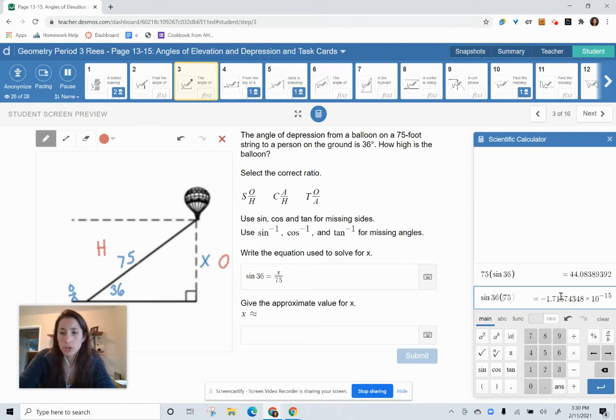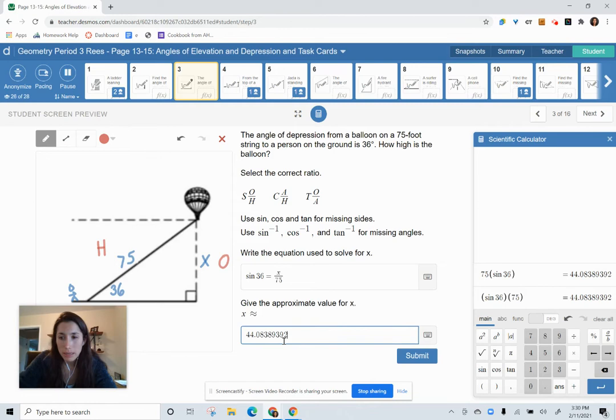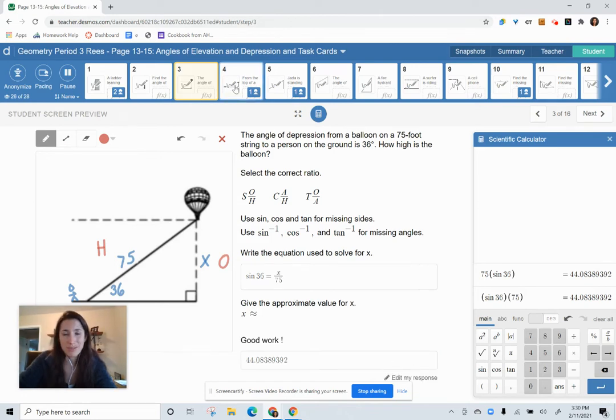So you need to make sure that if you do the sine first, that you're putting it in parentheses. So you want to take the sine of 36 first, and then it needs to be multiplied by 75. Or what I always do is I just do my number and then multiply it by the sine, cosine, or tangent for whatever. Okay. So we've got here 44.084, rounded to the nearest thousandth, 3 decimal places.